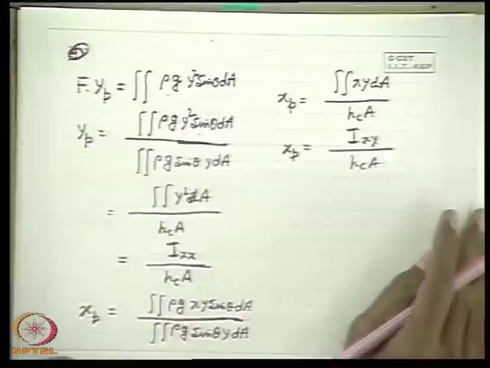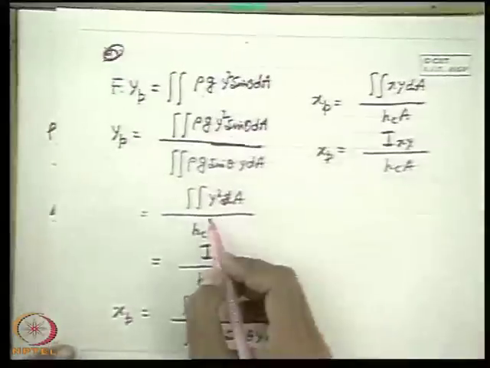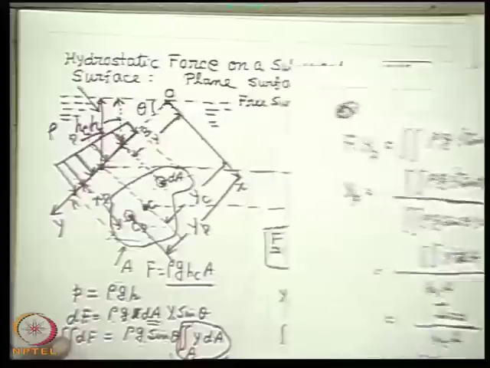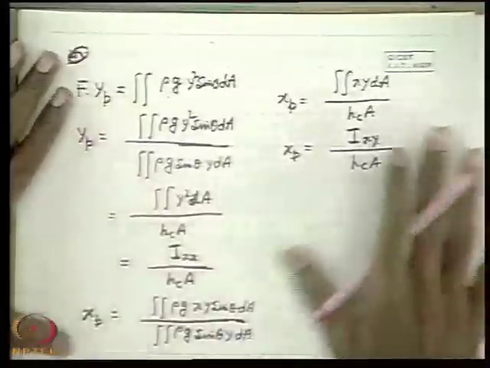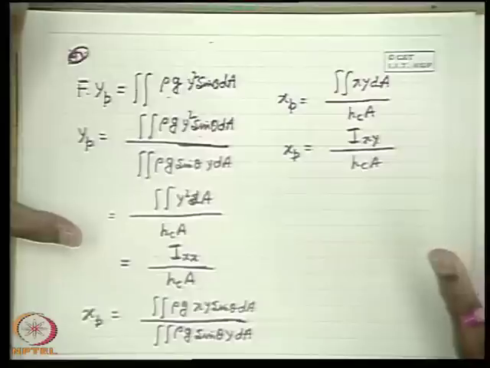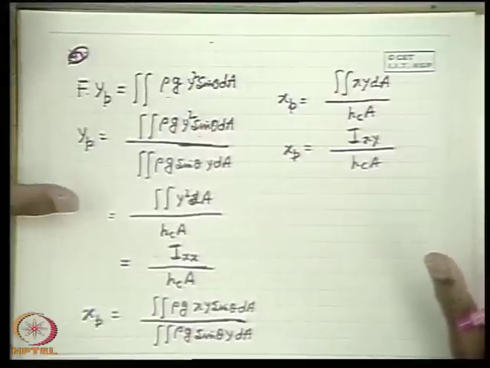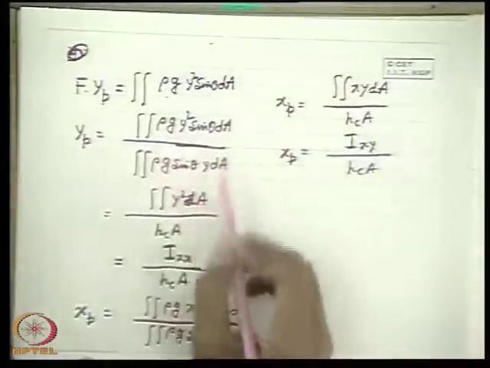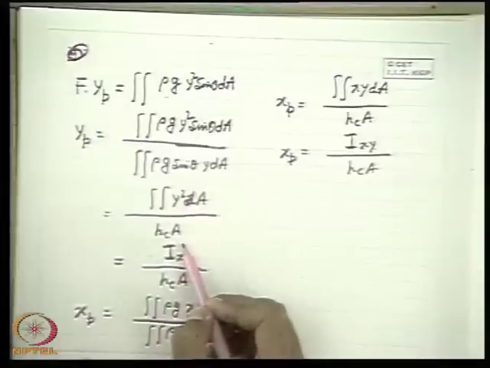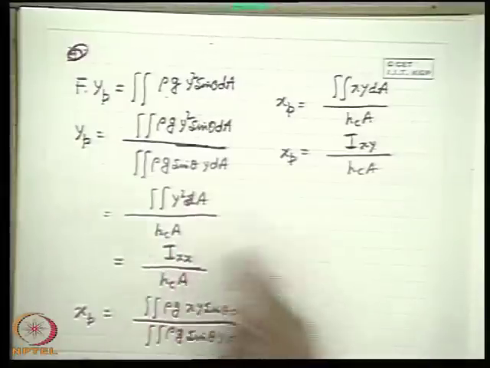Now by the parallel axis theorem, if you have any question, please ask at this moment. Before we proceed to the next one, is this all right? Is there any problem? Please. Huh? This will be yc, no?